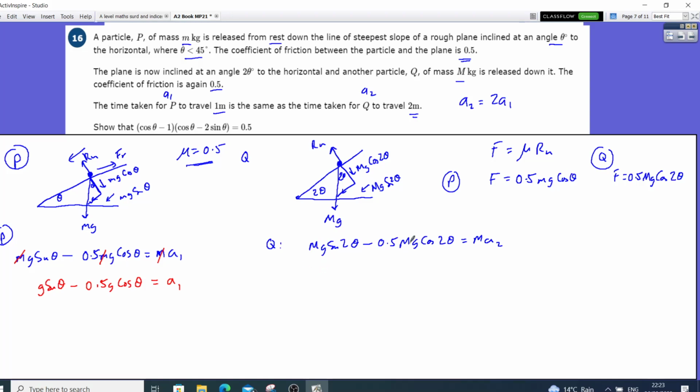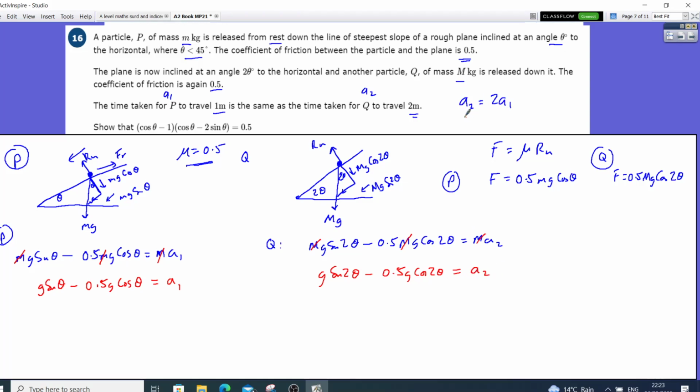And for Q, if we've got capital M everywhere, let's cancel that M and that M. So we've got g sine 2 theta minus 0.5 g cos 2 theta equals a2.